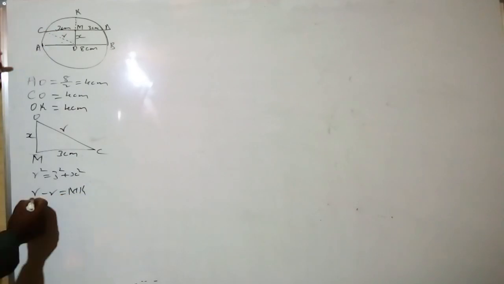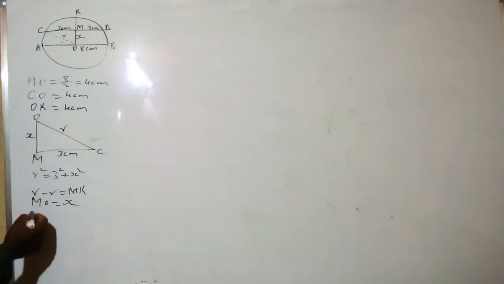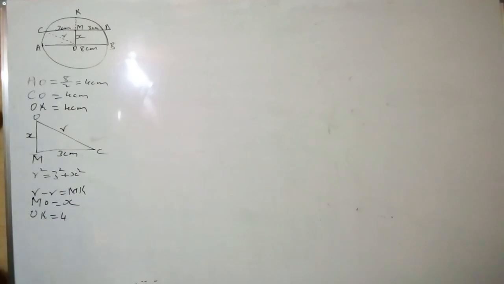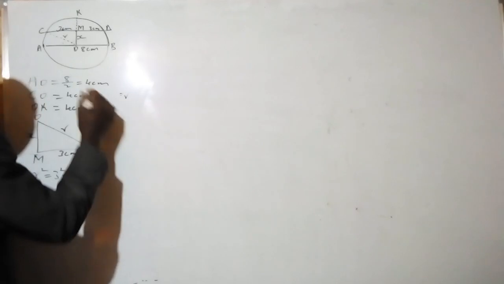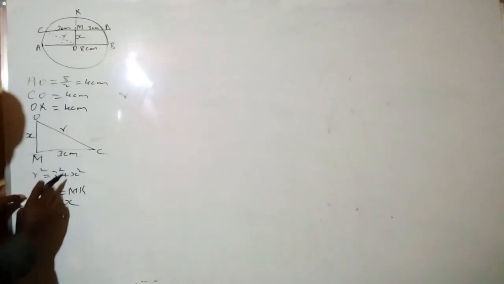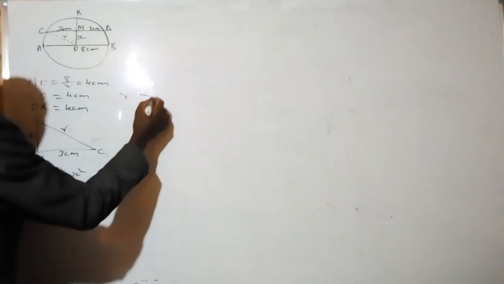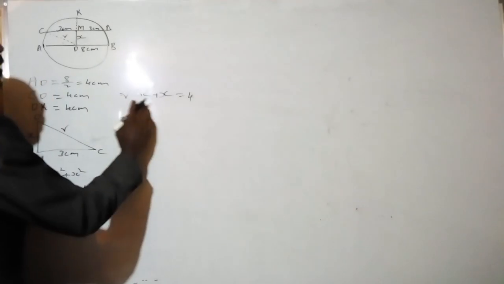MO is X, but OK is 4 centimeters because it's the radius. Therefore MK is R minus X. Then we add MO, which is X, and this is supposed to give you 4. Negative X plus X is 0, so R is equal to 4.